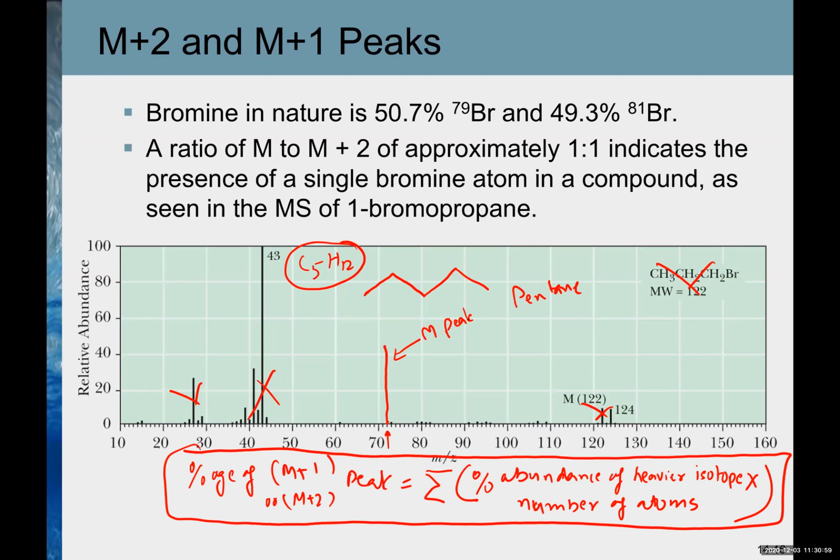Now, is there a chance that I may have an M plus 2 peak in this spectrum? If you are saying no, then why no? If you're saying yes, then why yes? Let me hear from yes. Because of the isotope.